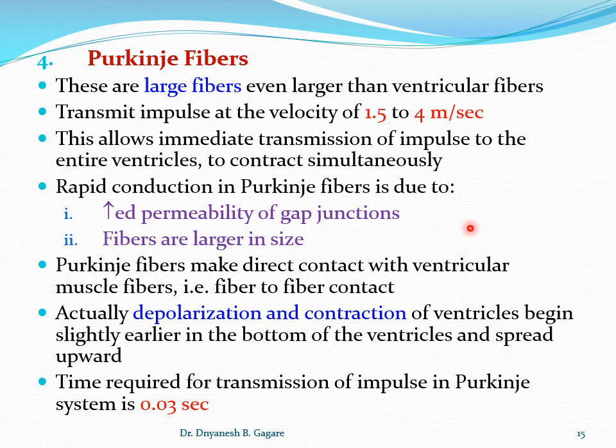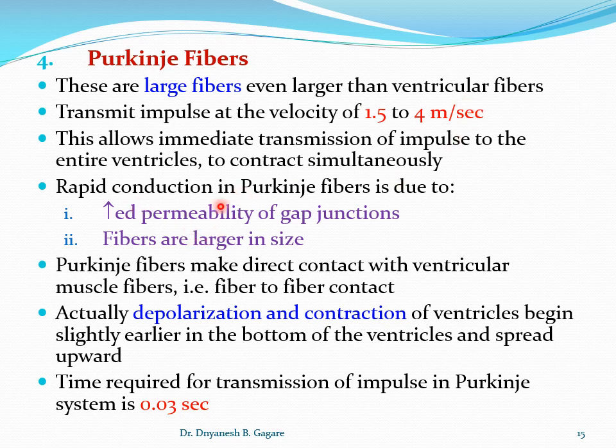And how is it possible? Because the Purkinje fibers immediately transmit the impulse to all fibers, and contraction of all these fibers starts simultaneously. So there is rapid conduction in the Purkinje fibers.